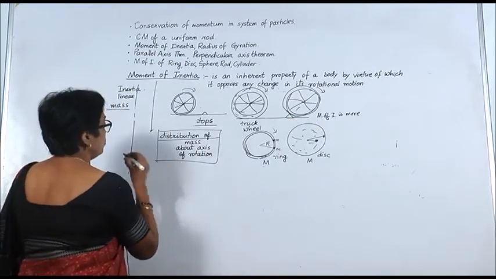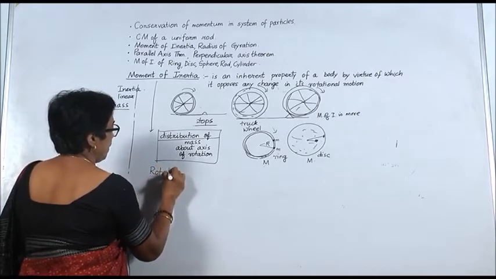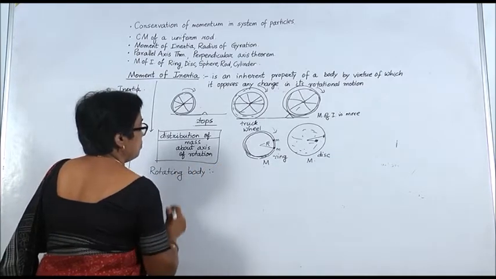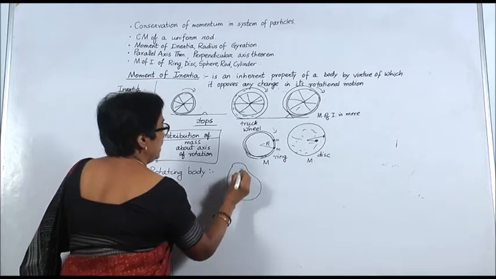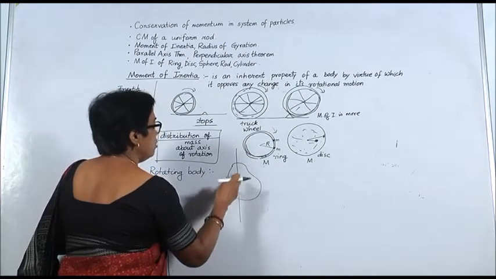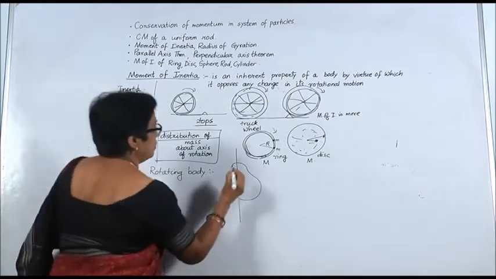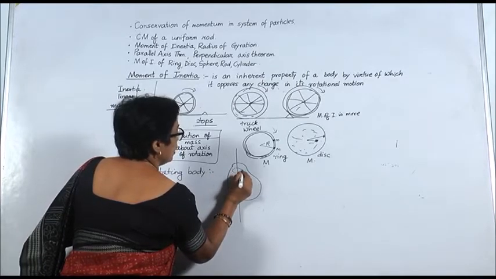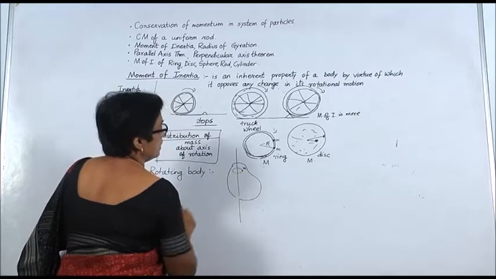When I say axis of rotation, for a rotating body, for example, if I take a rigid body, when it rotates about some line, this line or this axis may be inside the body or may be outside the body. Each mass of this body moves in a circular motion, this mass moves in a circle.